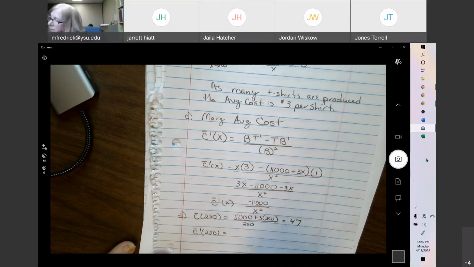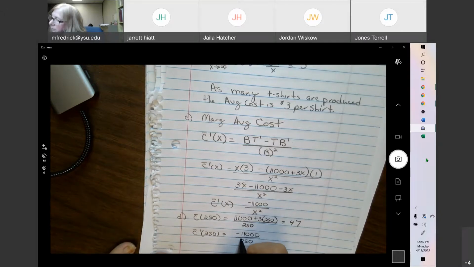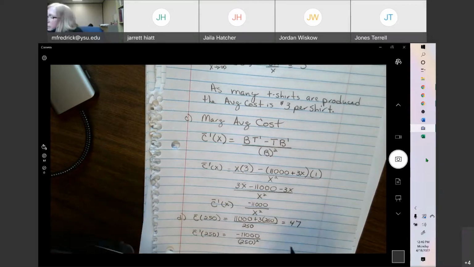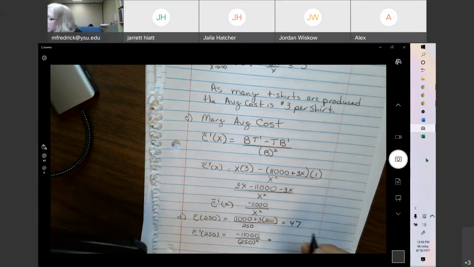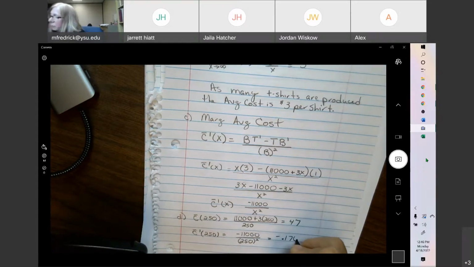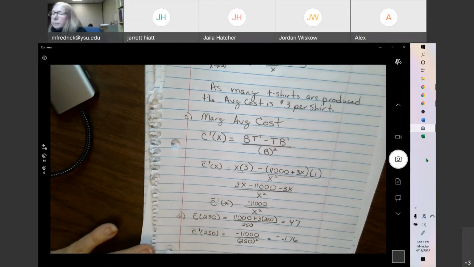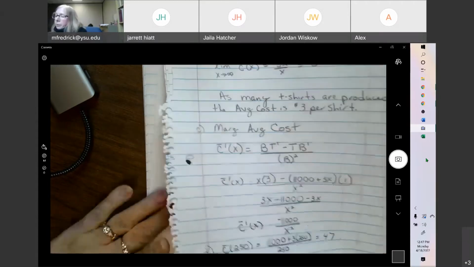I'll use this one. Any questions on the values?